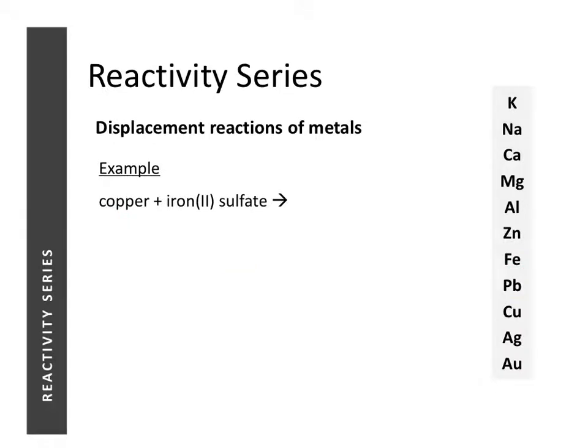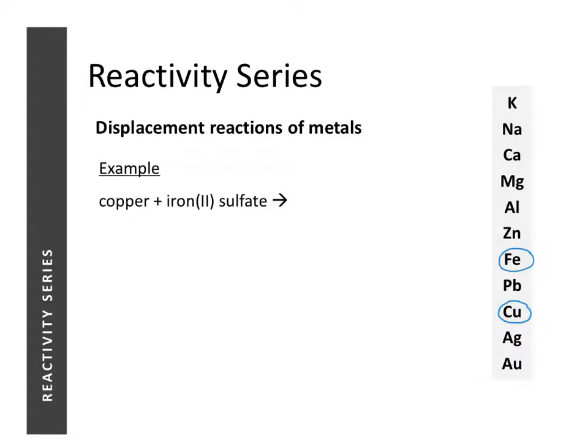Now let's look at another example. What happens if we put a strip of copper into iron 2 sulfate? Once again, let's analyze the metals involved. We have copper, and the other metal involved is iron. From the reactivity series, we can see that copper is less reactive than iron.